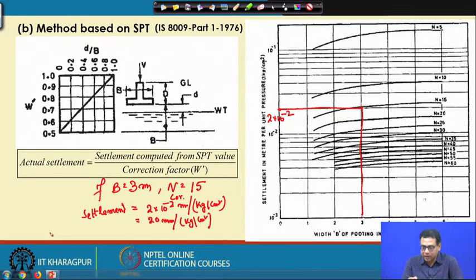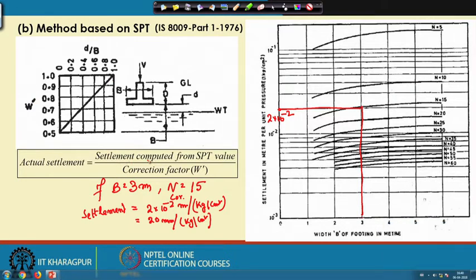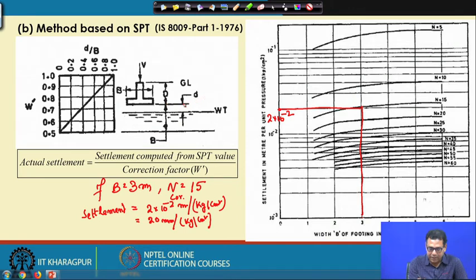So, this is where we can use this chart, and another thing is that here also I can use the water table effect. Remember that here this is W dash, and the actual settlement is the settlement computed from SPT value divided by the correction factor W dash. W dash is related to D by B, where B is the width of the footing and D is measured from the base of the footing.